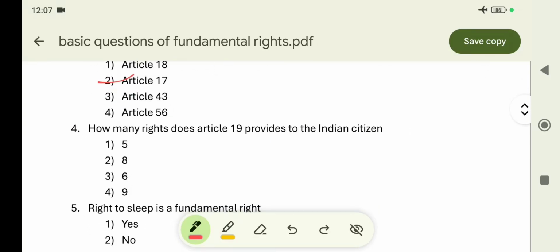How many rights does Article 19 provide to Indian citizens in the fundamental rights? There are 6 fundamental rights provided by Article 19.